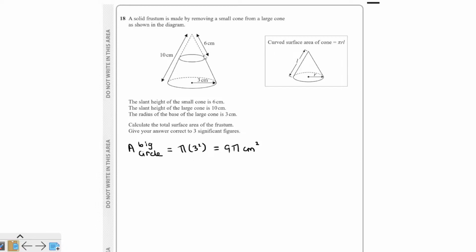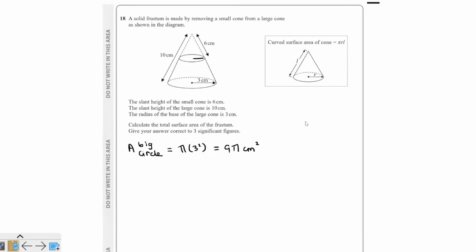Then you might be thinking, well, let me work out the area of the top circle. But it's not the same radius, is it? You can see it's a smaller circle. And then you're thinking, well, I don't have that radius. This is something I feel like you might not know until you've been shown. Think about similar shapes.